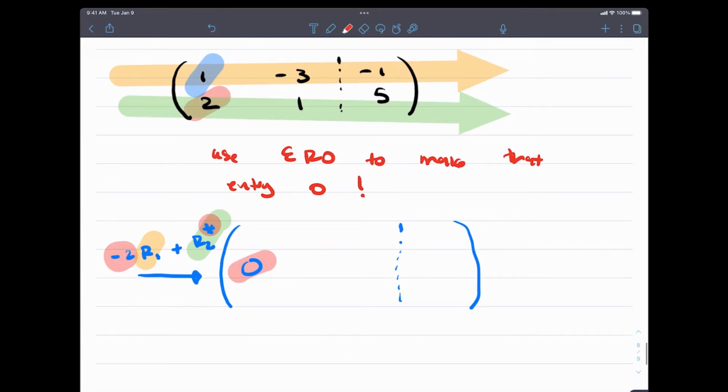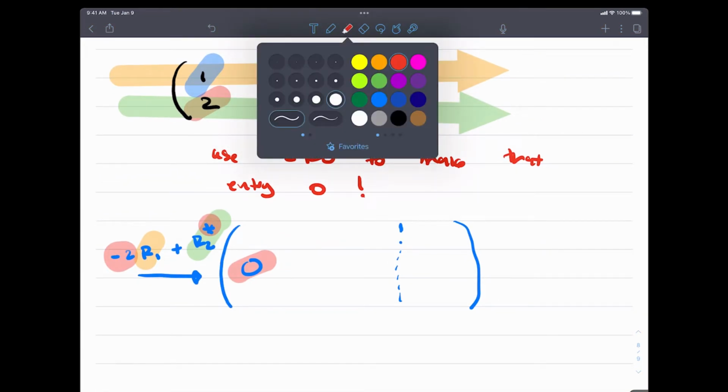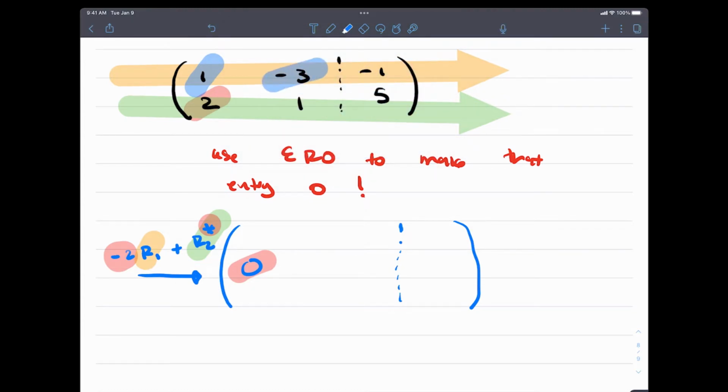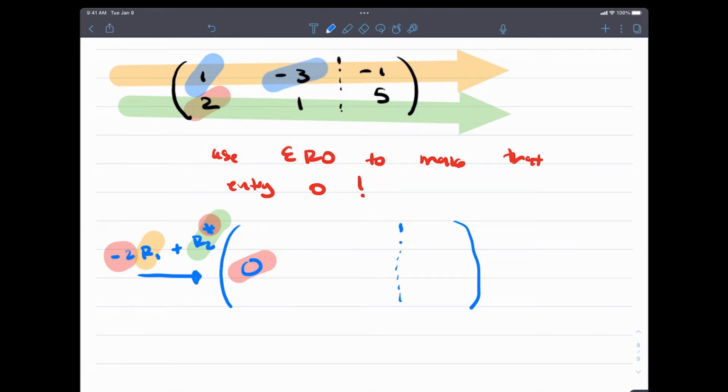Okay, now continue. This is like what we did yesterday. What's -2 times -3? It's +6, is that right? Then add it with 1, what do you get? Good job.